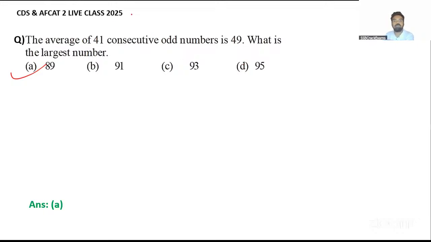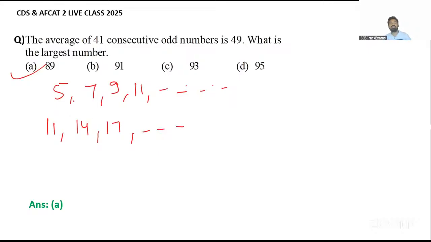So, what is AP? It is a sequence. Suppose 5, then 7, then 9, then 11, and so on. Or it can be 11, comma 14, comma 17, and so on. So AP is a sequence of numbers in which the common difference is the same.